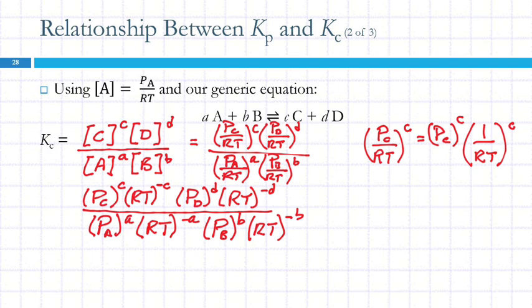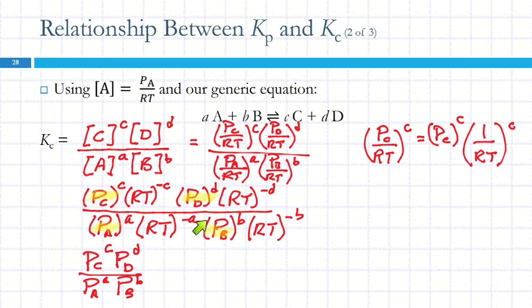Well, that doesn't look much better, does it? It's okay. Now I'm going to take all my partial pressures and collect those together. So PC to the C, PD to the D over PA to the A, PB to the B. Right?